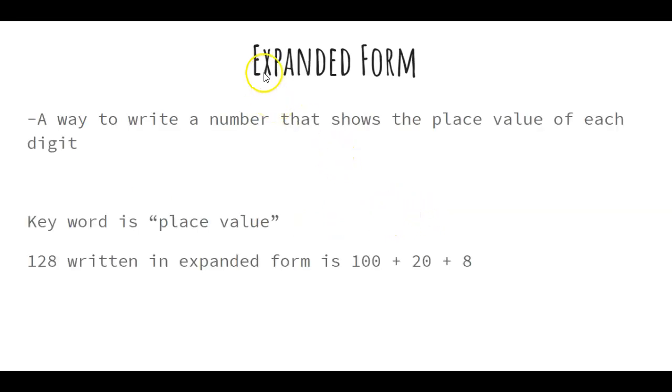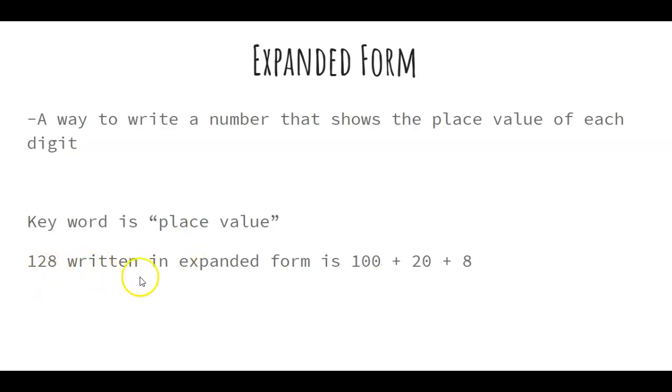Expanded form. Expanded means that I'm taking something and I'm expanding it. I'm not increasing the number, but what I'm really doing is taking that number and breaking it apart. So it says a way to write a number that shows the place value of each digit. The key word there is place value. Every digit has its own place value. And when I write expanded form, I'm writing those digits within its own place value.